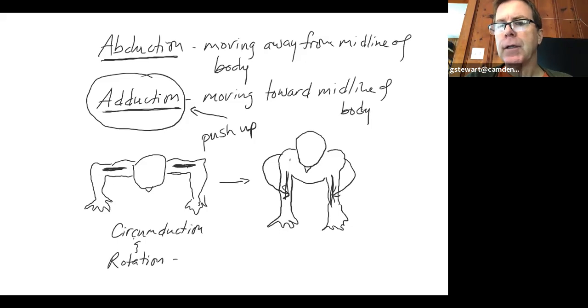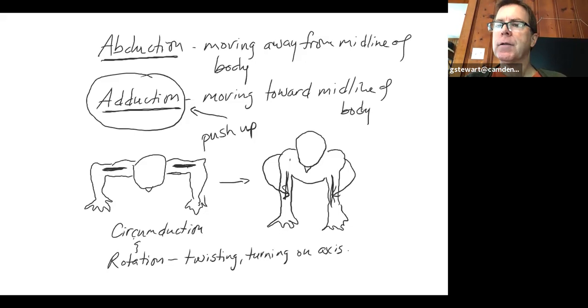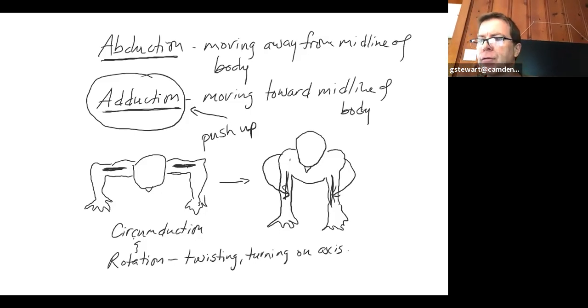Rotation is actually twisting on an axis or turning on one axis. So I'm going to do circumduction and rotation. I'm going to get rid of these boards and do these for you in person.